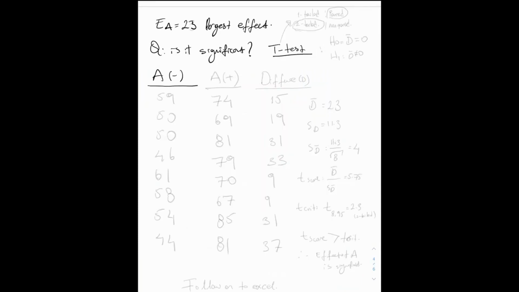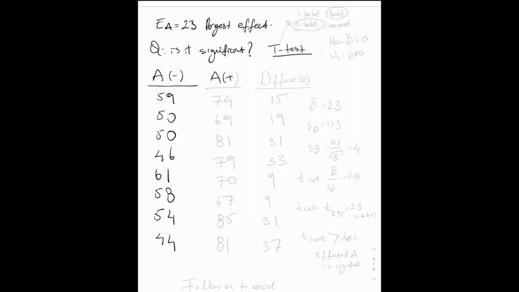If I write this down now, I will see that my A low values were in order 59, 50, 50, 46, 61, 58, 54, and 44.